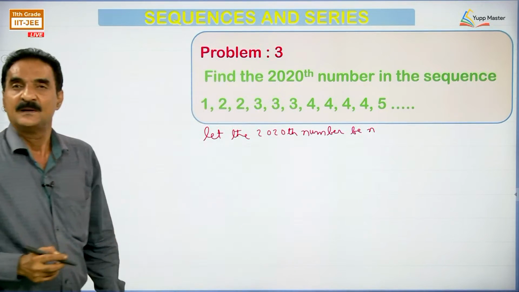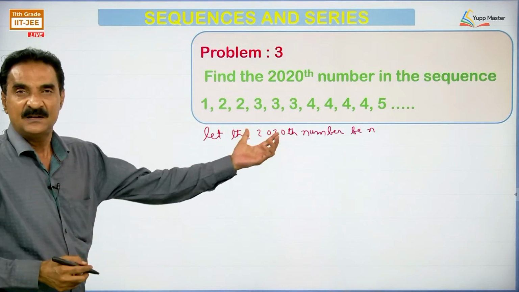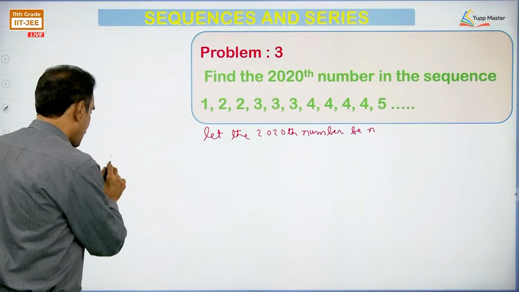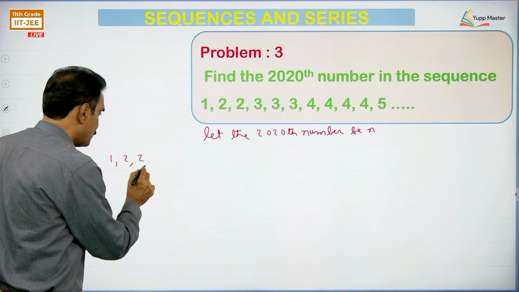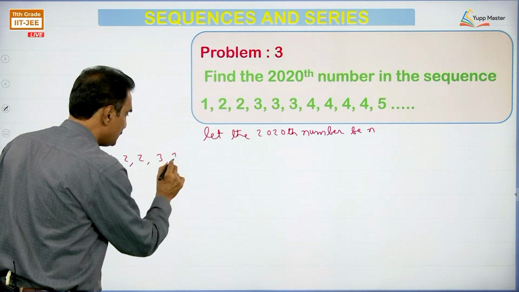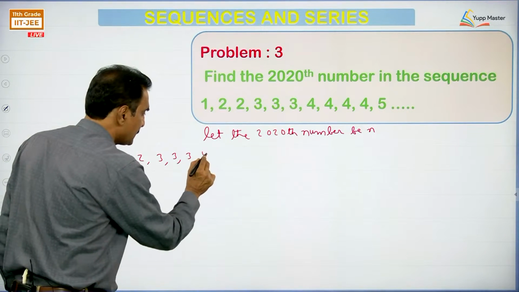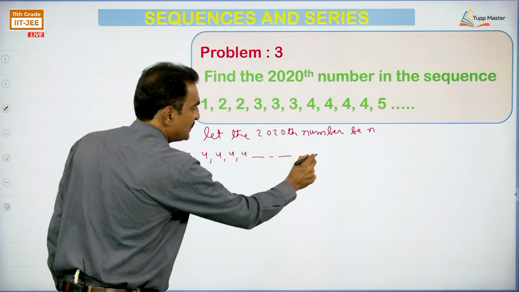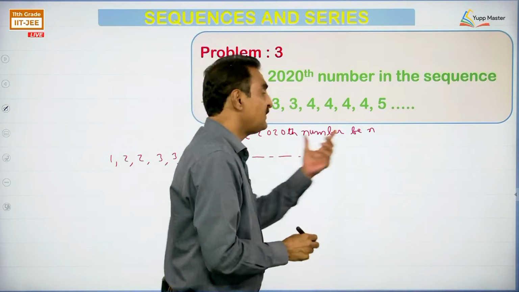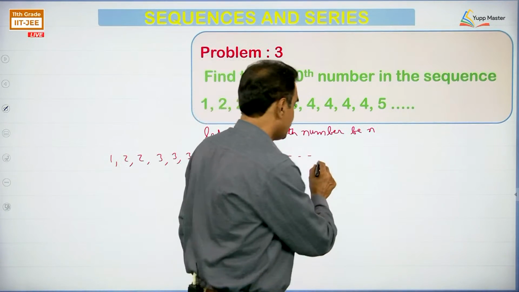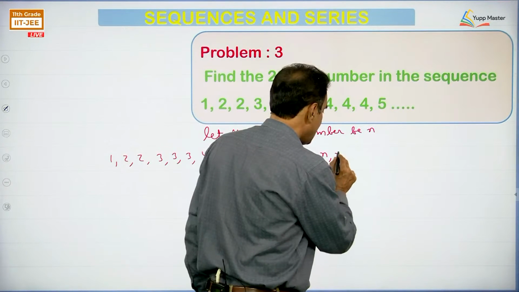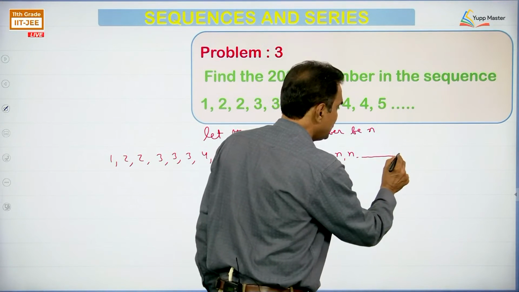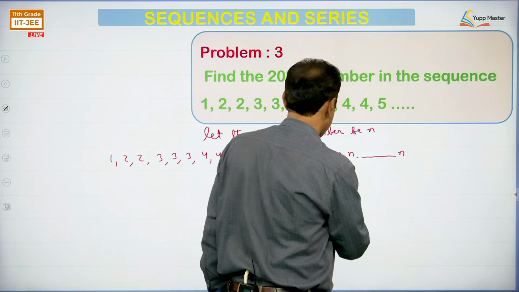Then, if you write the series till n, you will get 1, 2, 2, 3, 3, 3, 4, 4, 4, 4 and so on. n will appear n times: n, n, n and so on n times.